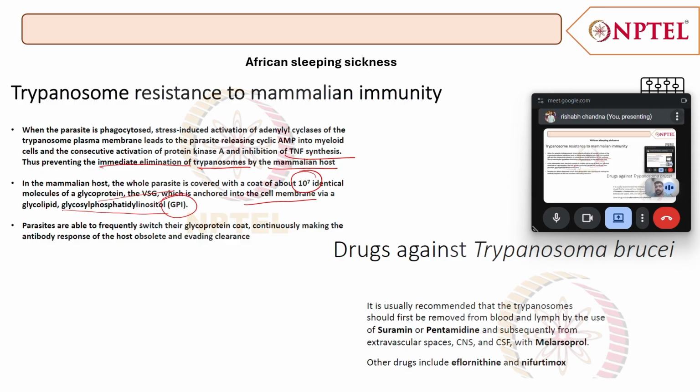The parasites are able to frequently switch their glycoprotein coat, continuously making the antibody response of the host obsolete and evading the clearance. So this is how it is able to resist mammalian immunity.